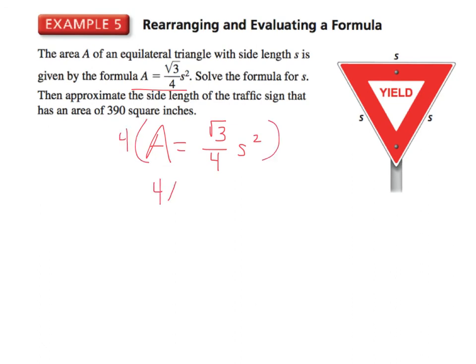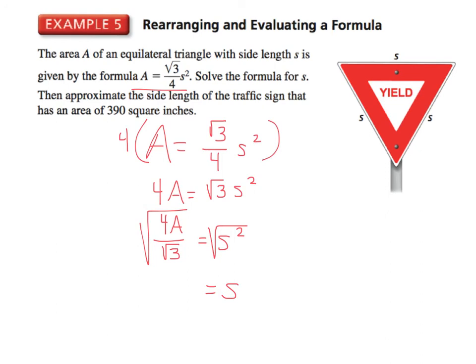That gives me 4A equals root 3 S squared. Next step, divide both sides by root 3. Next step, take the square root of both sides. Now, since we're talking about positive values, I'd only have the positive value of the square root.